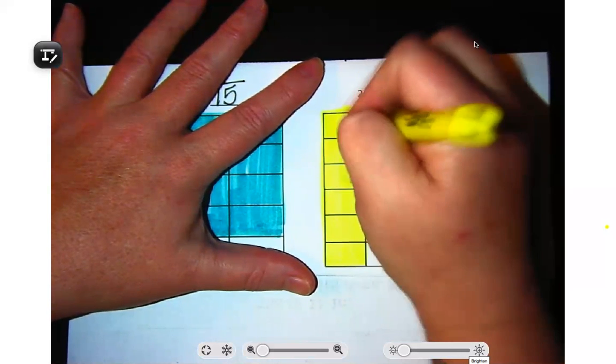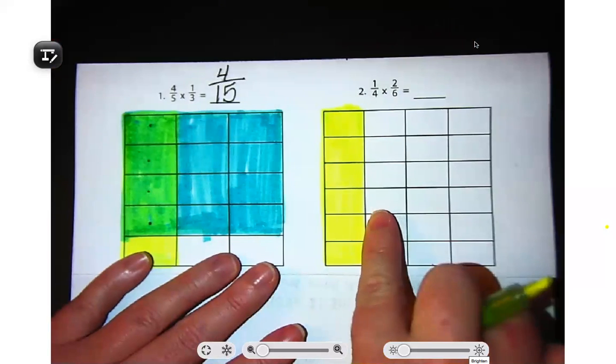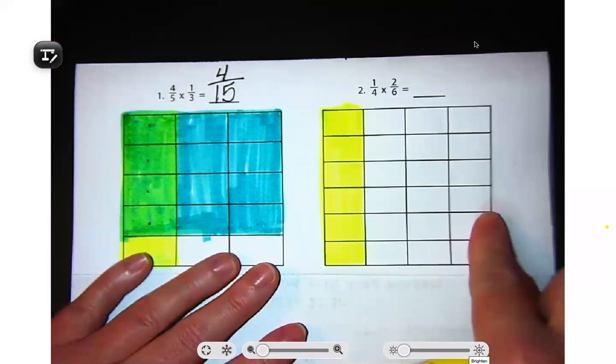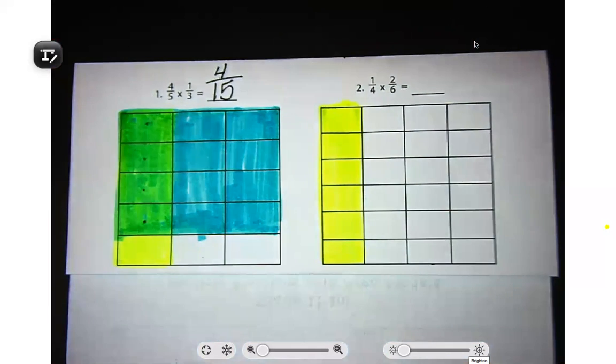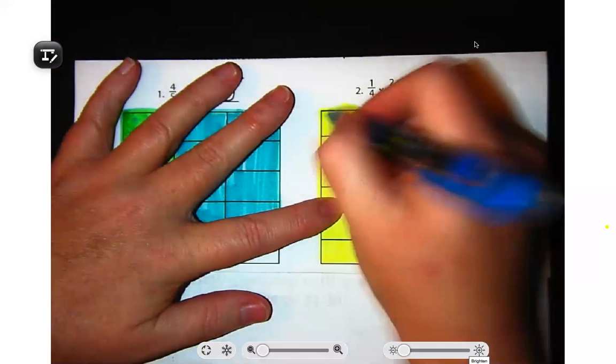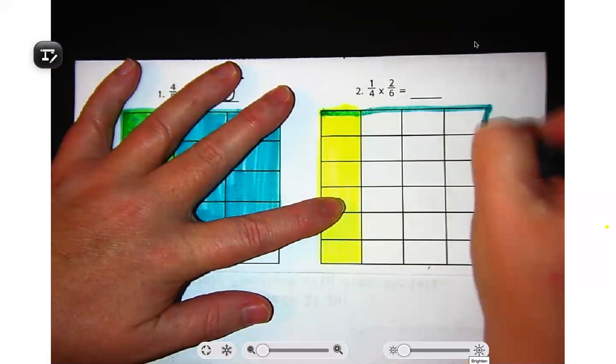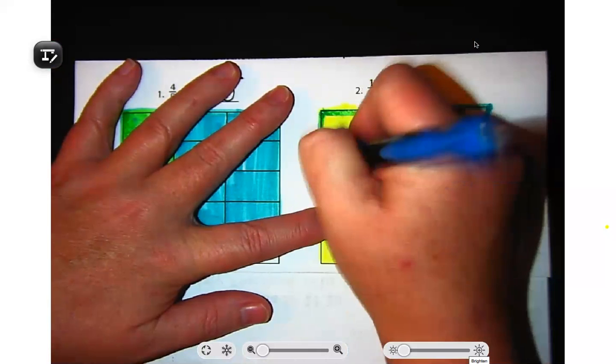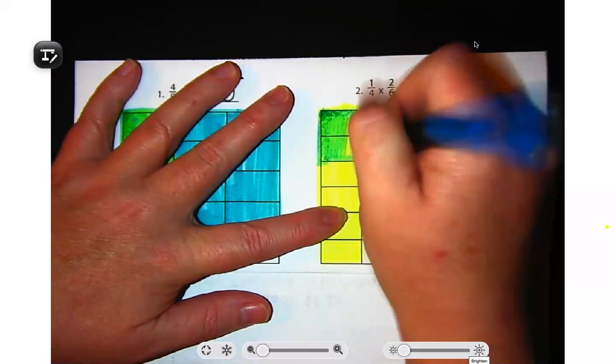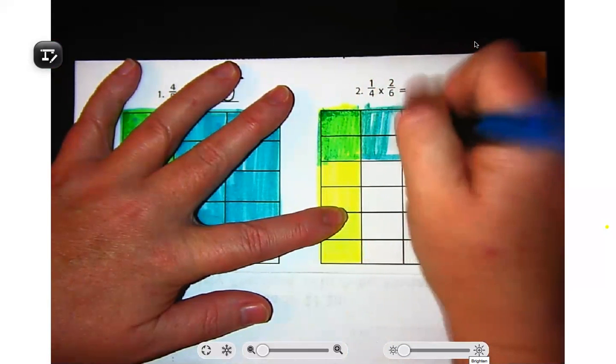So I've colored in the 1/4, and then this will be 2/4, 3/4, 4/4. And I'm going to color in 2 of the sixths blue. So this would be 1/6 blue, 2/6 blue. I'm going to go ahead and color that in.